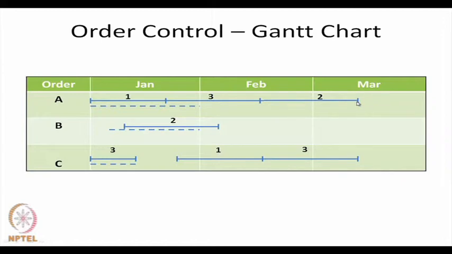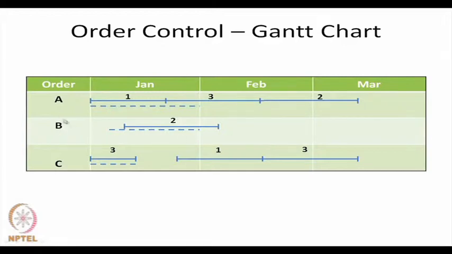bars and we say order A is to be processed in machine 1 up to the 3rd week of June, and then it will be processed in machine 3 starting from the 4th week of June to middle of February, and then machine 2 will process order A from the middle of February to middle of March.